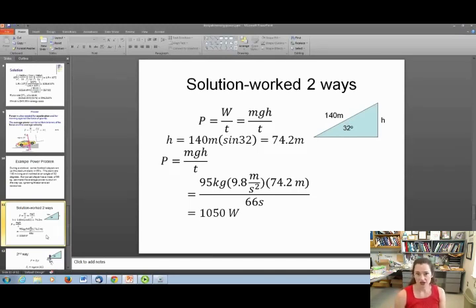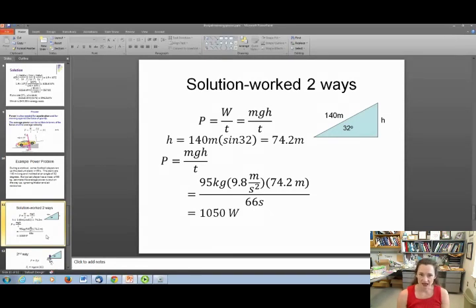So we have a triangle, a right triangle, where the vertical leg is h, which is what we're solving for. The hypotenuse is 140 meters, and the angle opposite to h is 32 degrees. So we're going to use the sine function and say that h is equal to 140 meters times the sine of 32. And that gives me 74.2 meter change in height that the football player ran up. It's pretty steep steps.